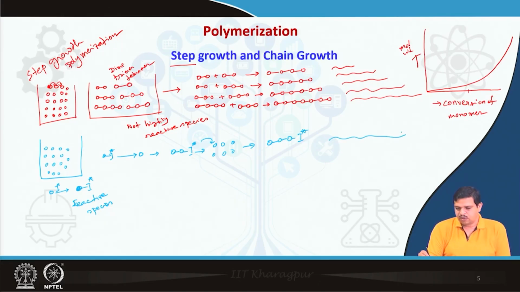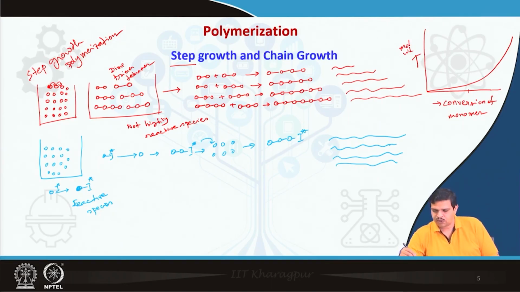And eventually you will get long, high molecular weight polymers with a relatively narrow molecular weight distribution, relatively I am telling, unlike the step growth polymerization. So, now if you plot like this, if this is for the step growth polymerization, for chain growth polymerization what will be the scenario? You will get basically like that.